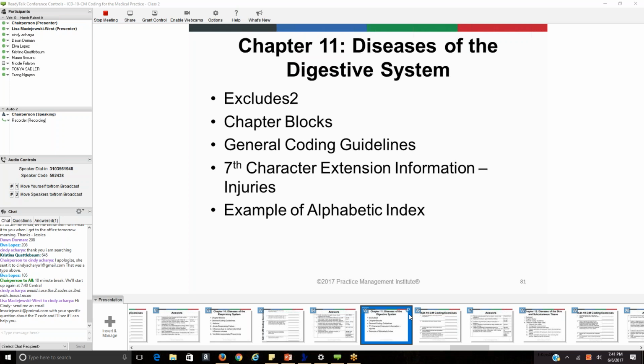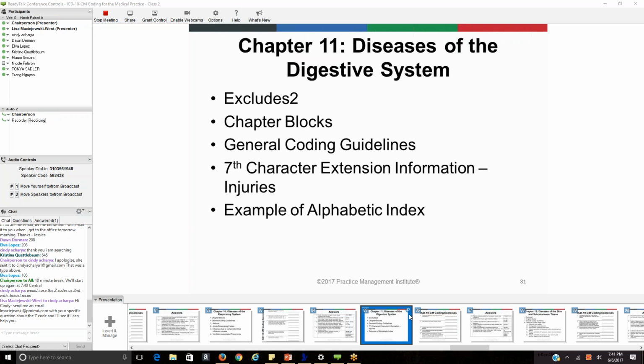This chapter contains information about hernias, non-infective enteritis and colitis, other intestinal diseases, and it also includes diseases of the peritoneum and retroperitoneum, diseases of the liver, diseases and disorders of the gallbladder, biliary tract, and pancreas, and other diseases of the digestive system.